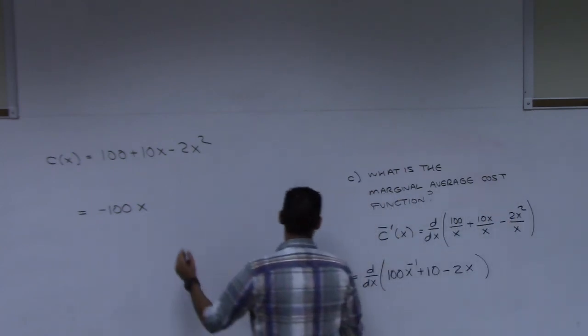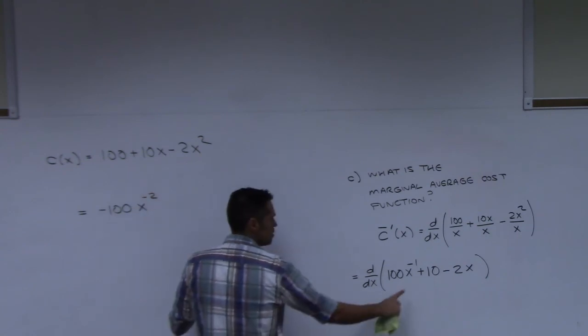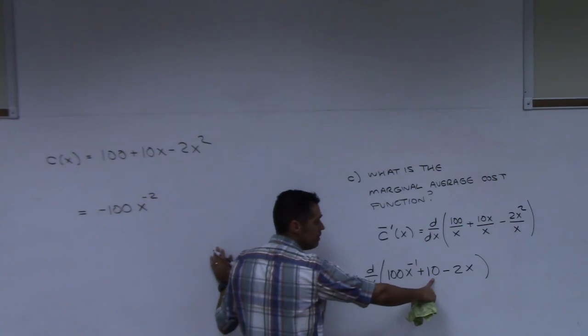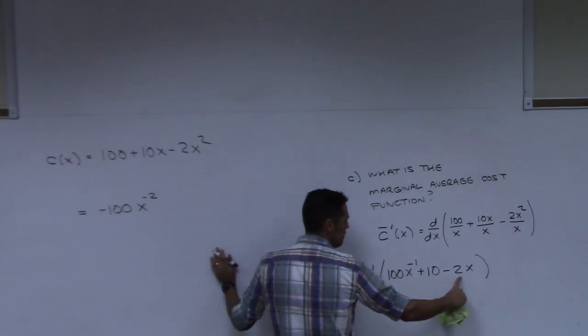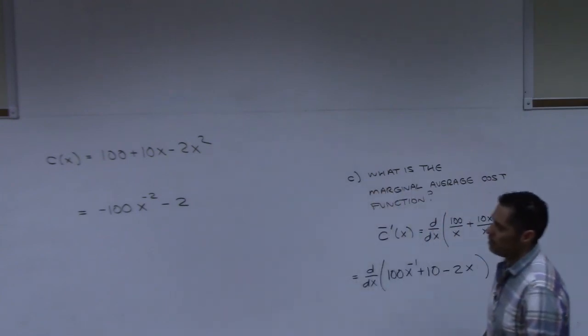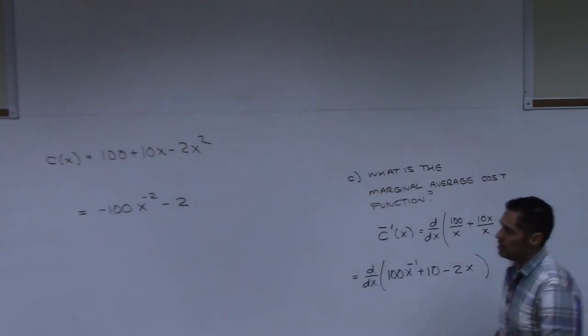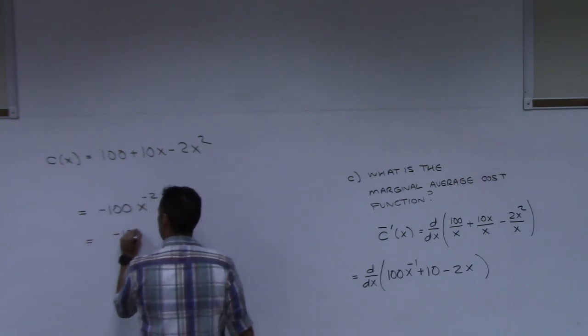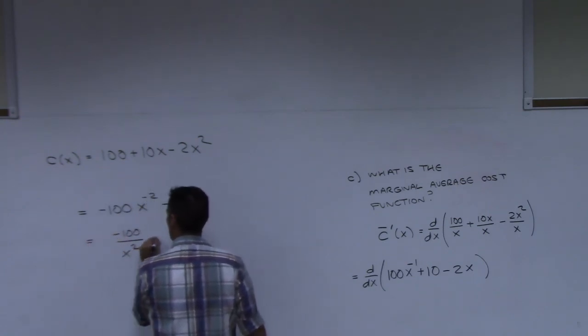So that becomes negative 2. Okay, what about this one? What's the derivative of 10? 0, so I can completely ignore it. And then the derivative of this, just minus 2. That's it. Now that answer might look messy because of that negative 2, but just remember, all this means is negative 100 over x squared minus 2.